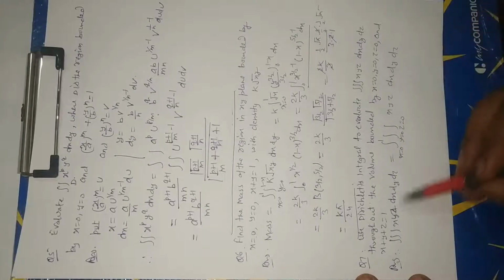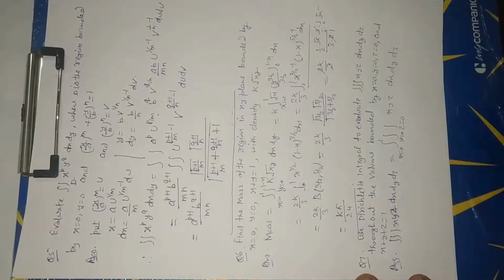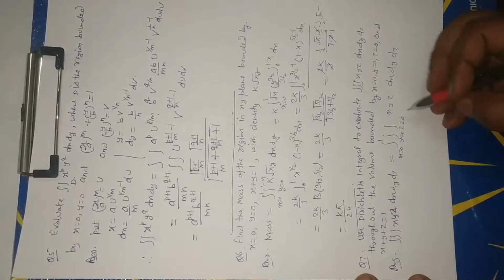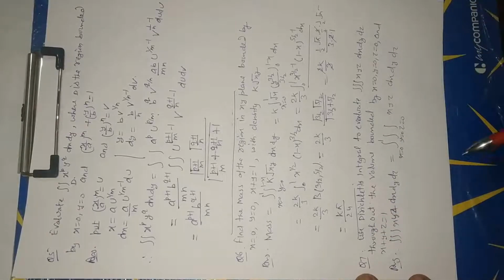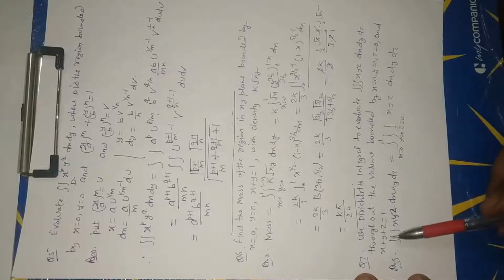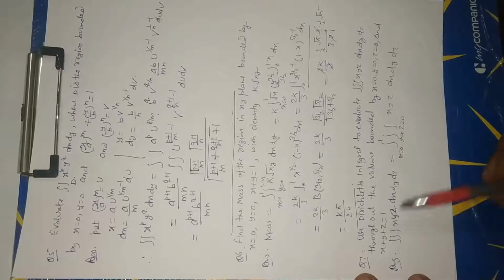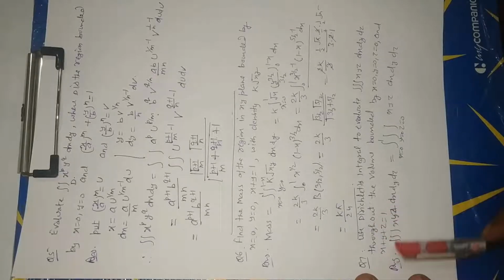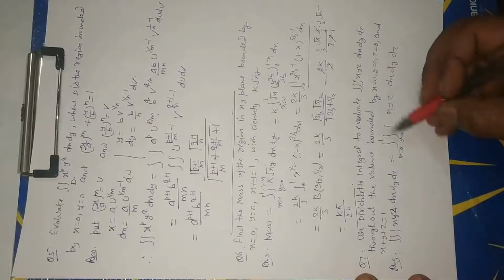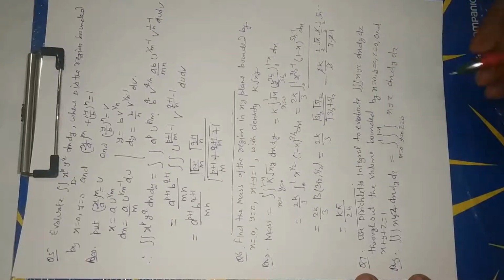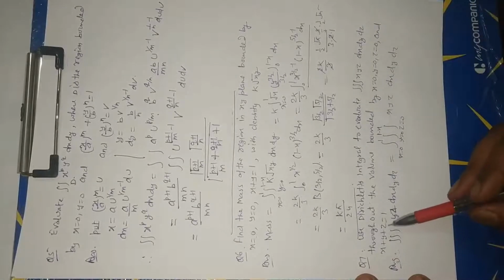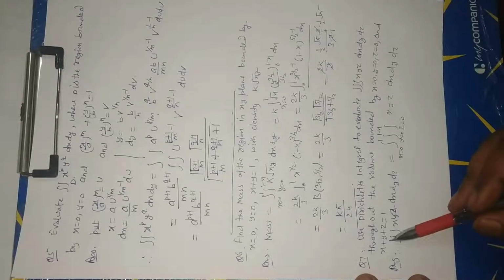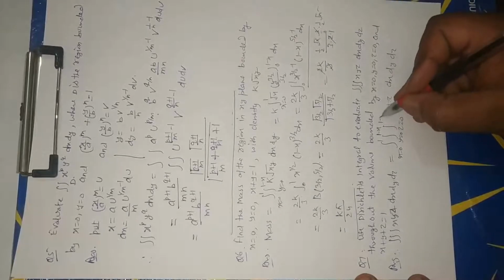The upper limit of y, when y and z both are varying, is 1 minus x. In case of z, only z is varying, x and y both vary, so the upper limit is 1 minus x minus y.